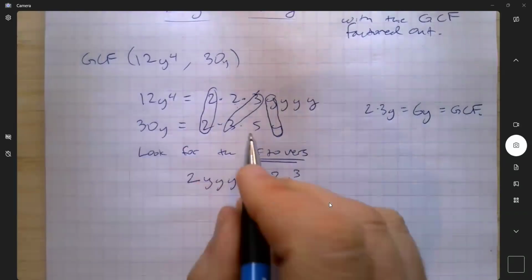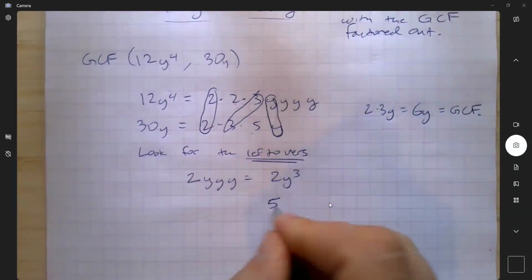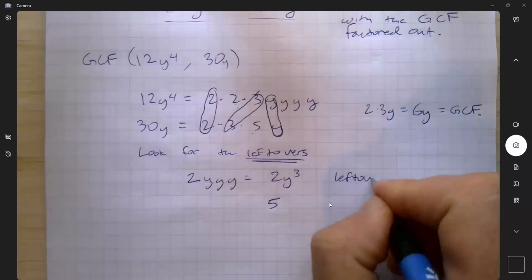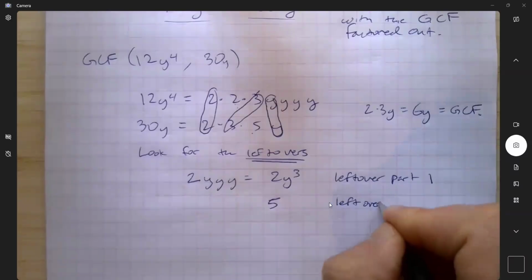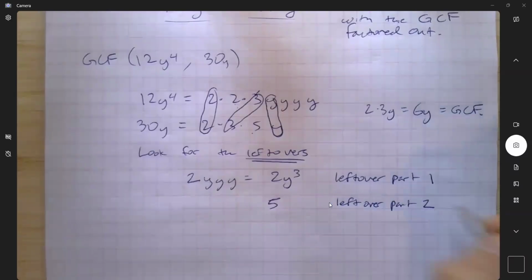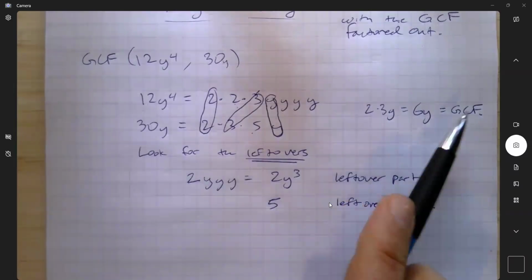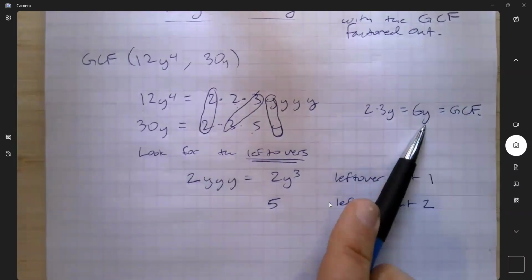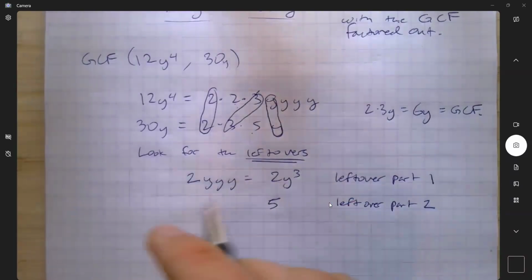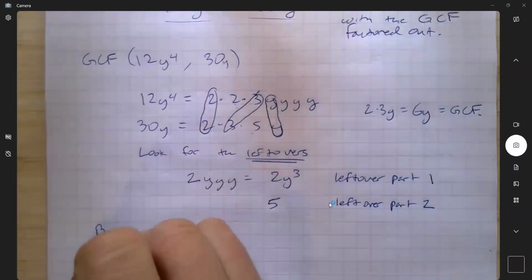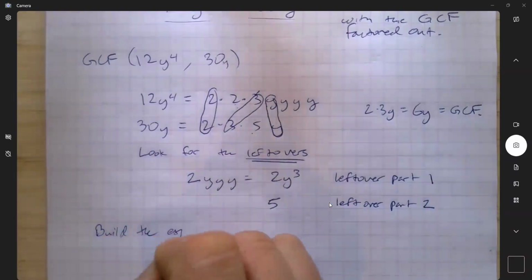And the 30y had a leftover of a 5. So step 1 is to find the greatest common factor. Step 2 is to look for the leftovers. And step 3 is to build the expression.